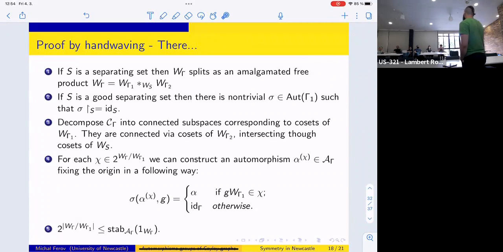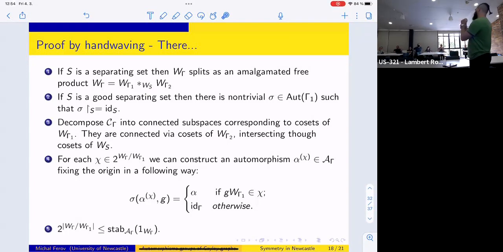Just thinking about the analogous statement for groups acting on trees, because you have these almost translations and then you have these elements that act independently at each point. So I think you might be able to construct a generating set like this. However, you would need to consider all good separating subsets.